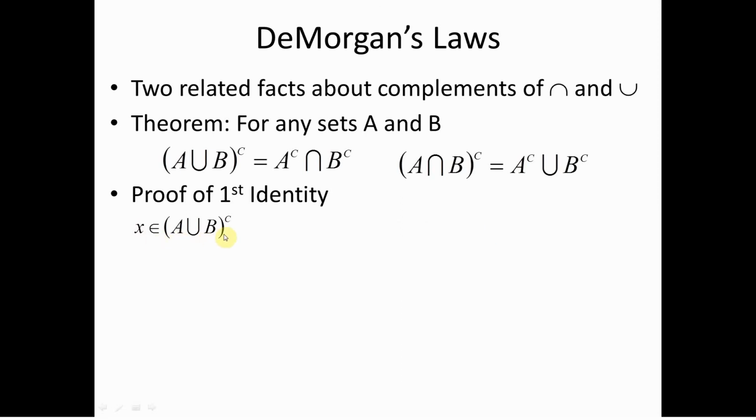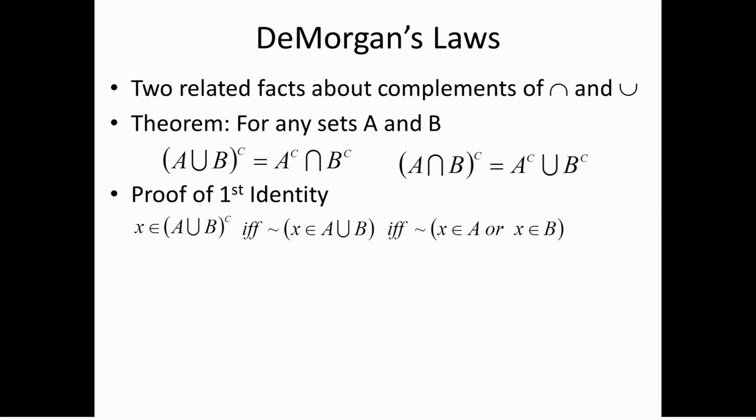X is an element of the complement of a union if and only if it is not the case that X is in the union. Now if I use the definition of union, that's true if and only if it is not the case that X is in A or X is in B. And now I'm going to bring this negation across an OR statement.